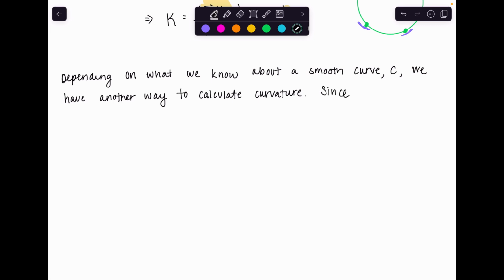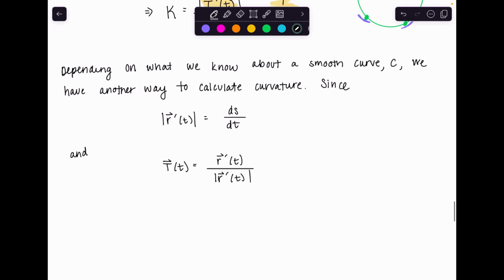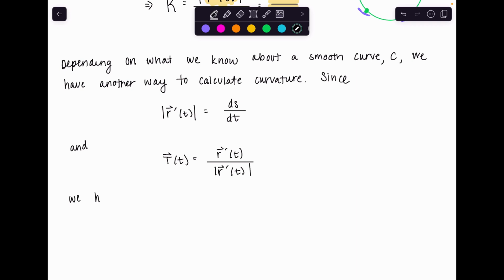Since the magnitude of r prime of t is exactly the change in arc length with respect to the parameter t, and our unit tangent vector is exactly r prime of t over the magnitude of r prime, we can rearrange the second one.